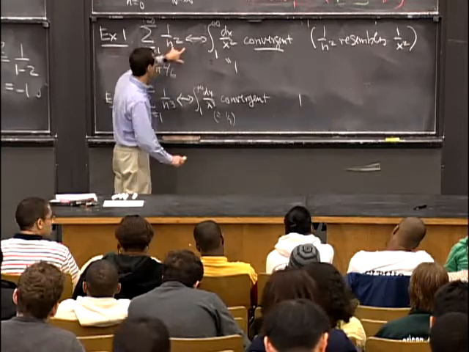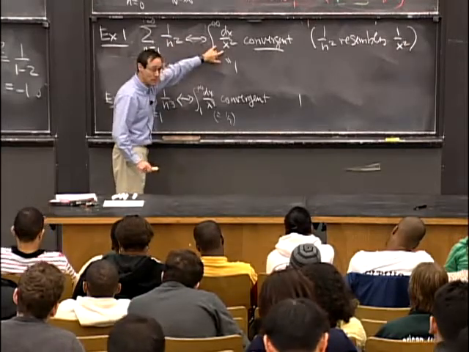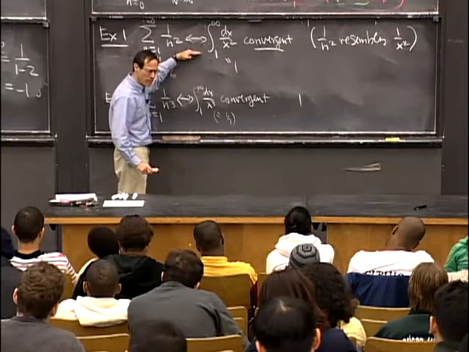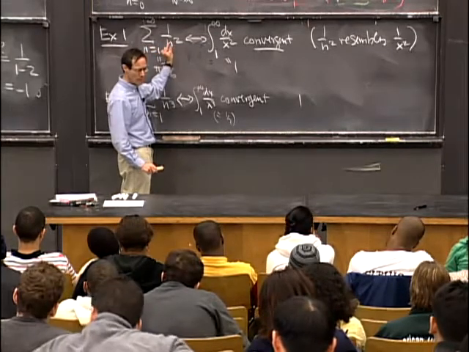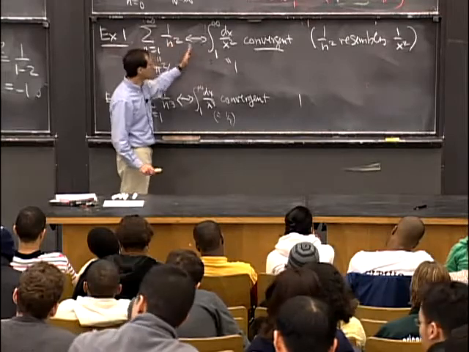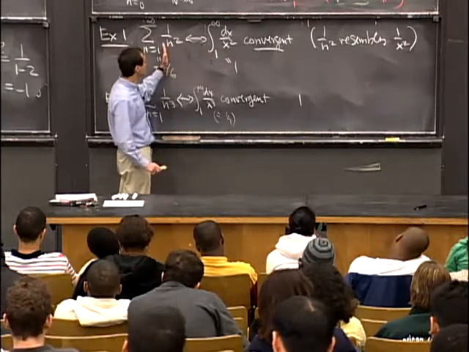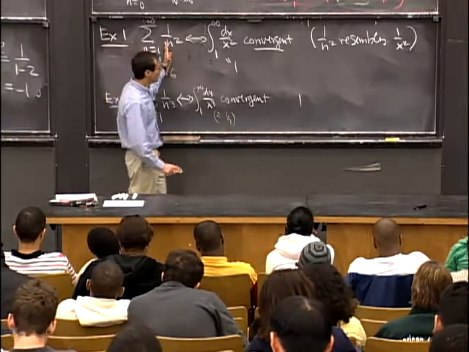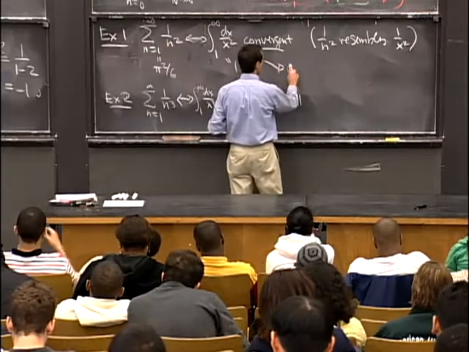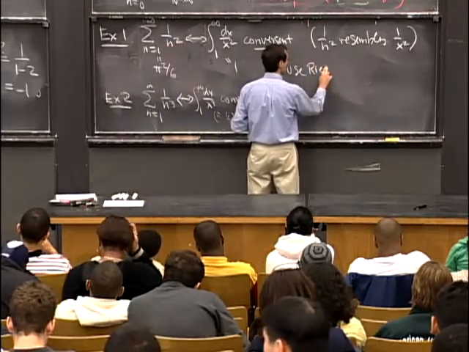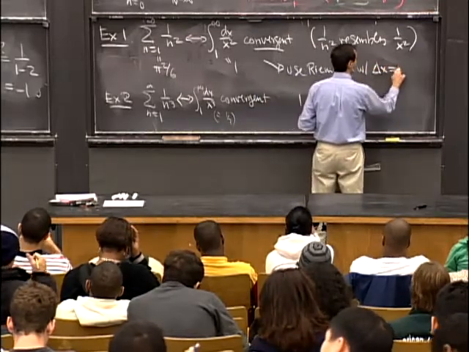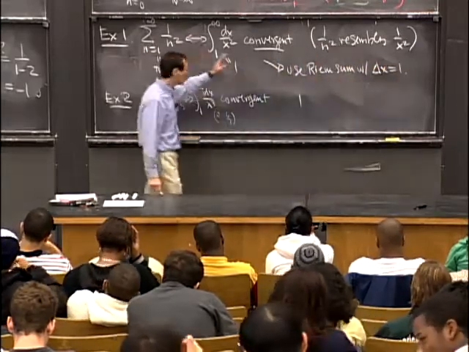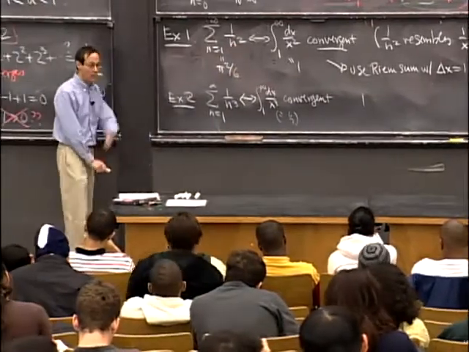That is that the Riemann sum is close to this. But that doesn't mean they're equal. The Riemann sum only works when the delta x goes to 0. The way that we're going to get a connection between these two, as we will in just a second, is with a Riemann sum with delta x equals 1. All right? And then that will be the connection between them. That's absolutely right.